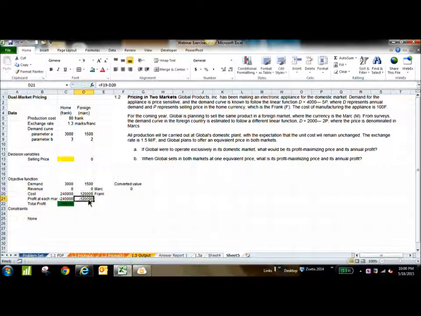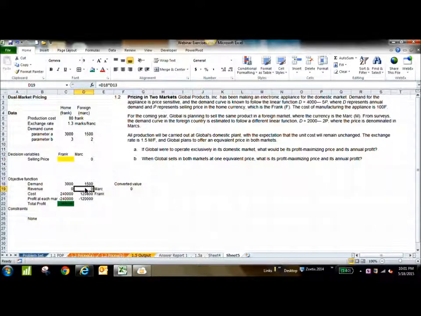Again, the only thing tricky about this exercise is that in selling price, this one being in mark, hope I spelled that right, and this one being in franc. So this is the only thing different. This one will be in franc because it's using this.